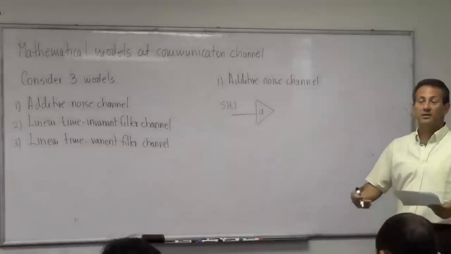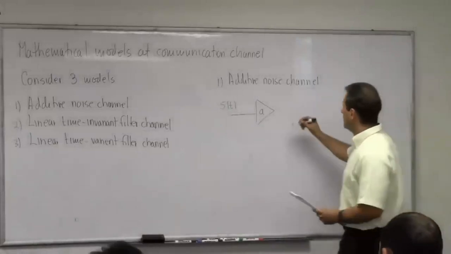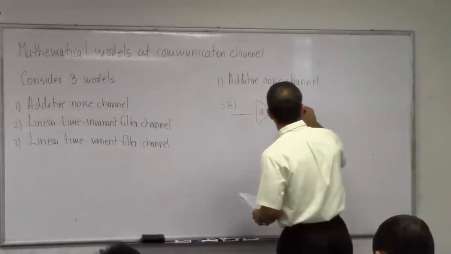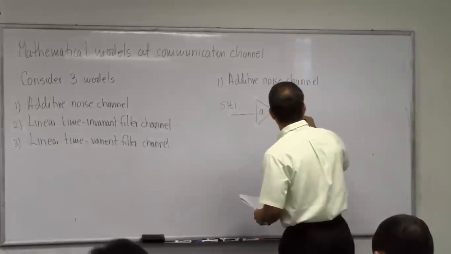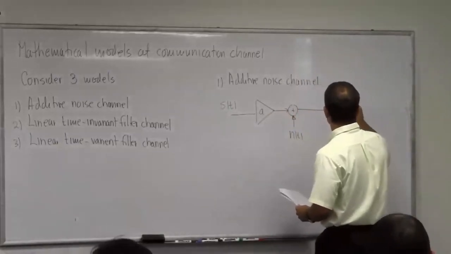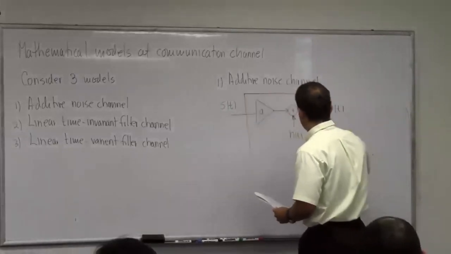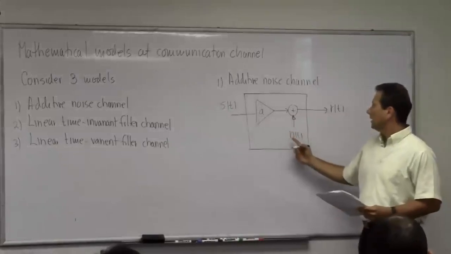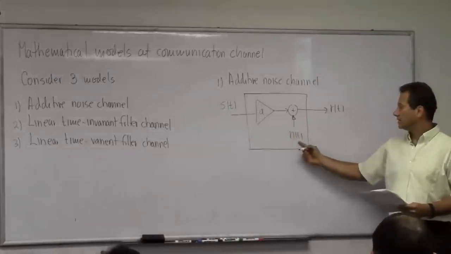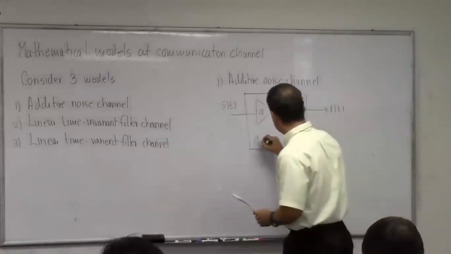In every practical channel, this is going to be some form of attenuation, some loss of energy. And the signal is also corrupted with some noise. And this is what comes at the output of the channel. So the model for the channel is this: it has some sort of attenuation, and it has noise that corrupts the signal. So this is my channel.